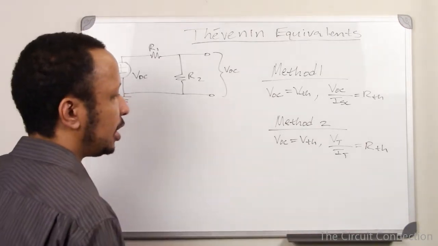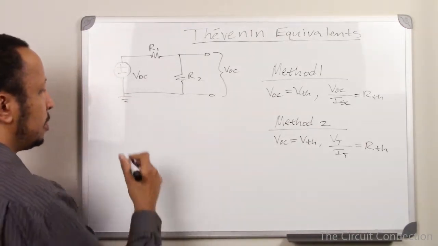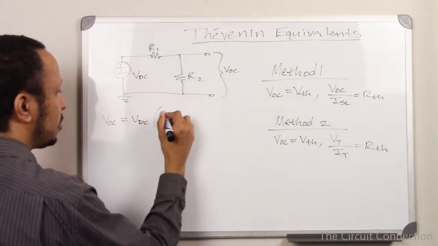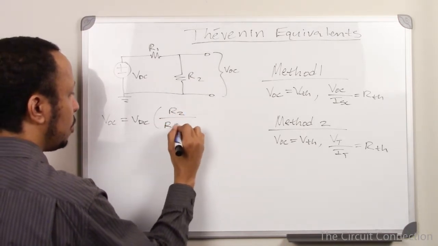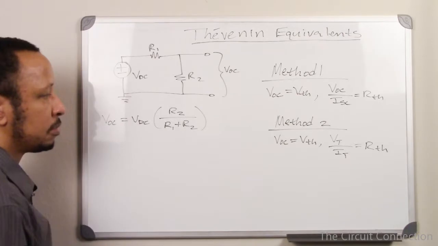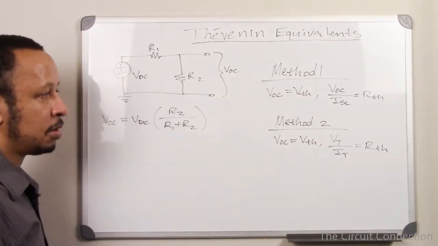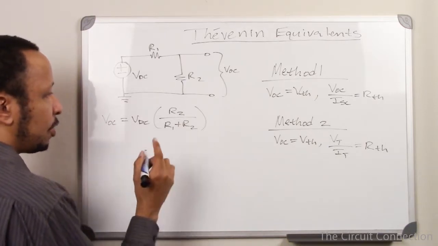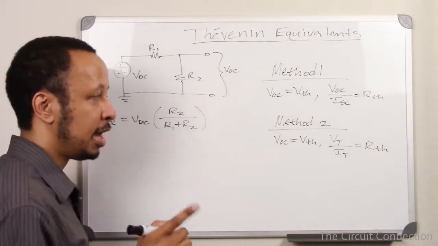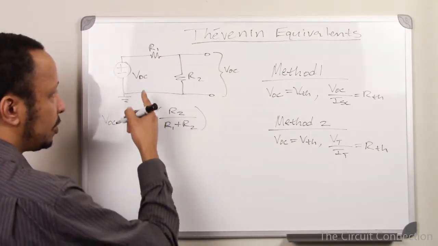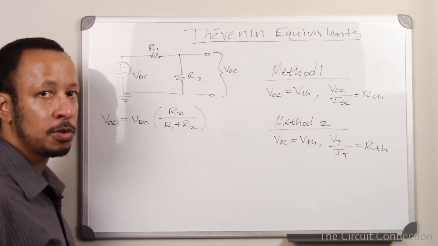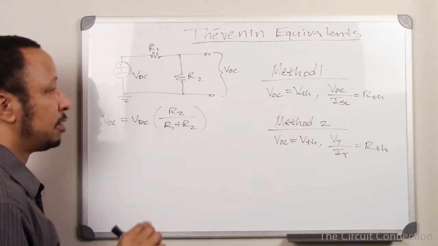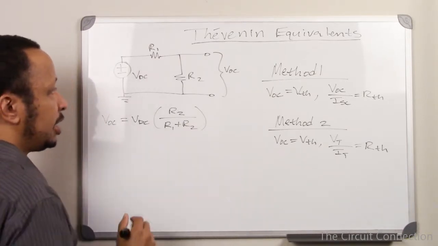Method two for VOC is still the same as method one. So again, restated, VOC equals VDC R2 over R1 plus R2. Next we're going to have VT. What is VT? VT is a test voltage. In order to apply that test voltage, we first have to suppress all of our independent power sources. In this case, that means the direct current voltage source, VDC.